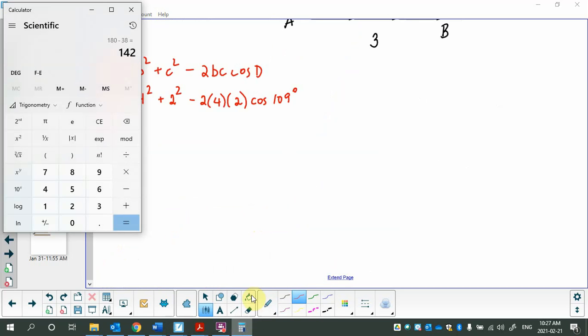I'm going to dig out my calculator and just pile it all in. And hopefully you were told in grade 10 and 11 that you don't have to show much work. You just have to make sure you type it in properly. So 4 squared plus 2 squared minus 2 times 4 times 2 times, for me it's 109 cos.